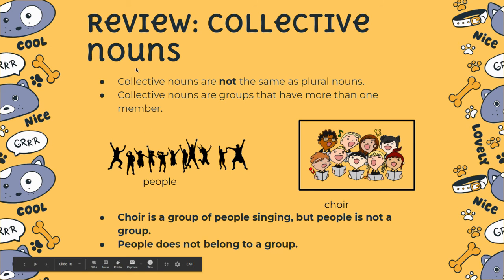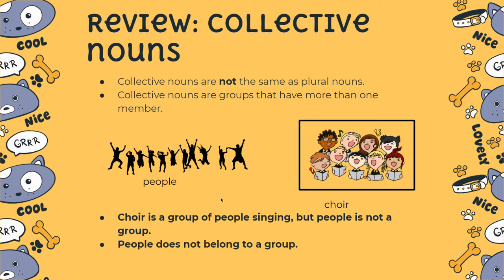Let's check the next slide. There you go. Now, collective nouns are not the same as plural nouns, and they can be a little bit confusing. Collective nouns are just groups that have more than one member. For example, here we have a choir, and here we have some people, right? So a choir is a group of people singing, but people is not a group. People does not belong to a group. So that's why collective nouns are not the same as plural nouns.